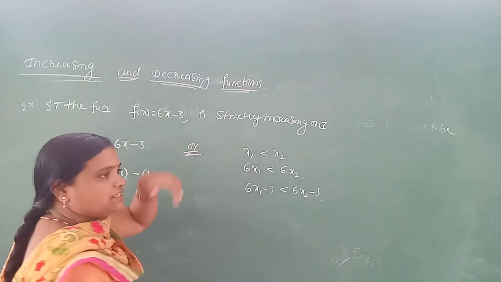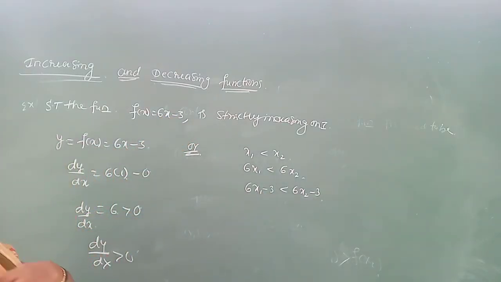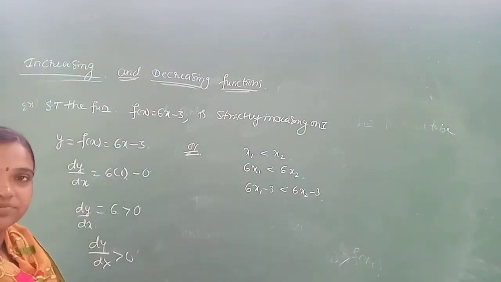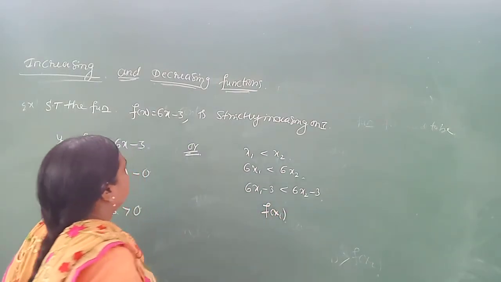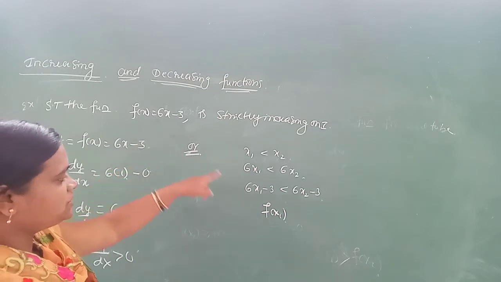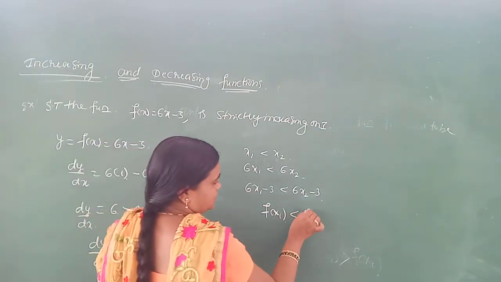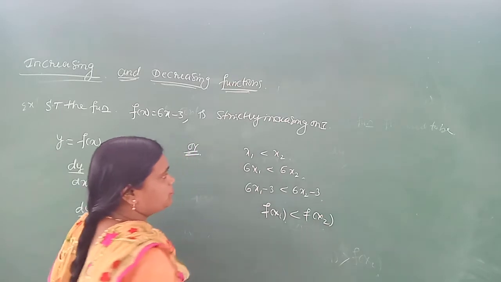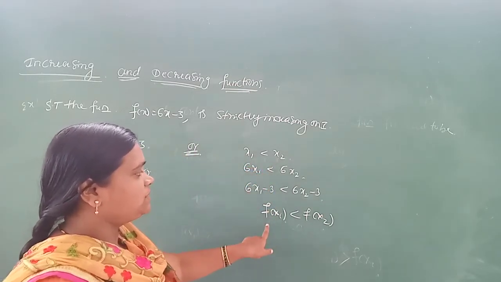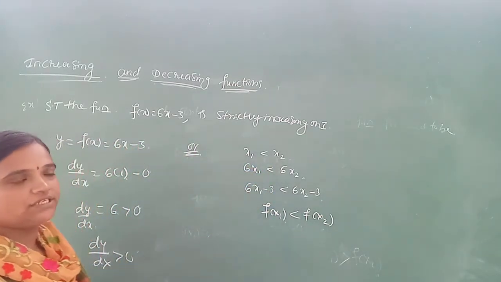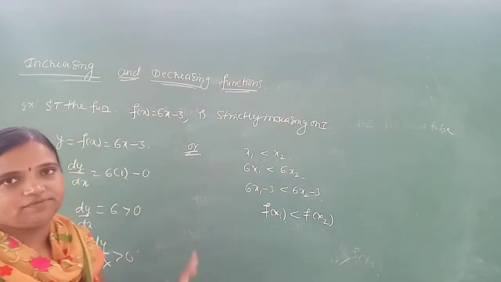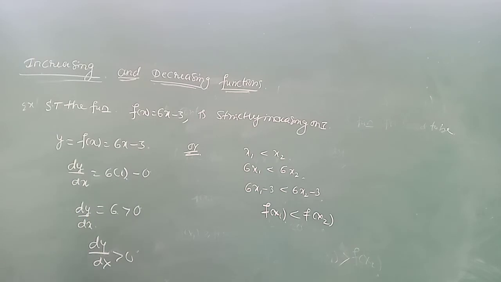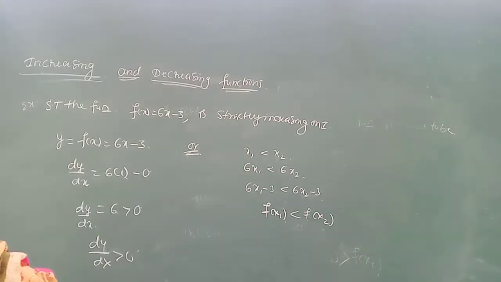If I take minus 3 on both sides, what will it be? f of x1, correct? f of x is 6x minus 3. f of x1 is 6x1 minus 3, less than f of x2. It means we proved that if x1 less than x2 implies f of x1 less than f of x2. Therefore, any one method you can apply and simplify, but don't get confused. I explained both the methods.